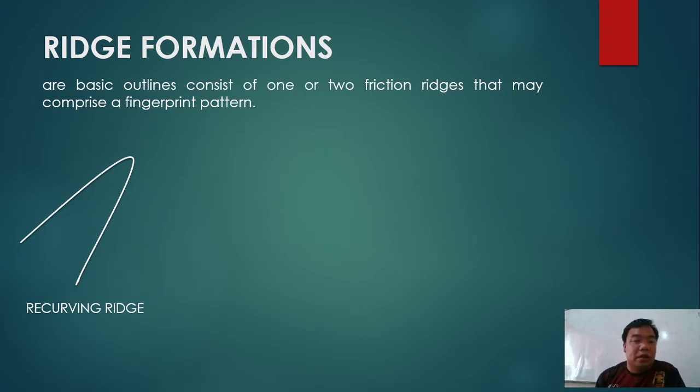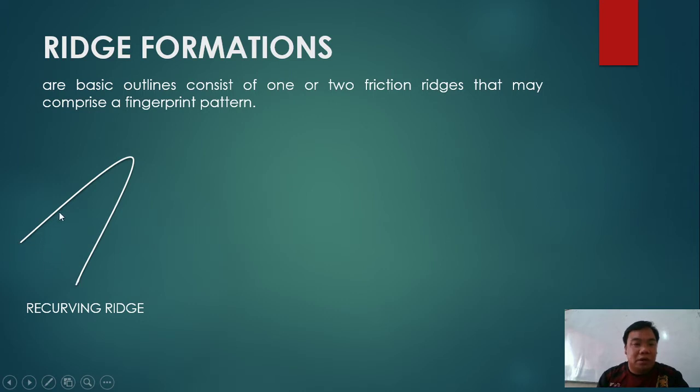Take note that a recurving ridge consists of only one friction ridge that flows in one direction and has a sufficient recurve, and of course it goes back in the direction from where it started.